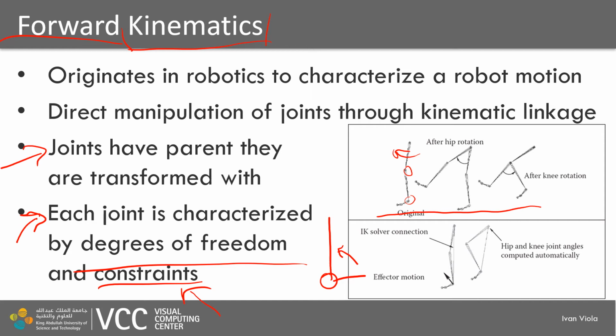There is a constraint in the knee joint. So our joints will be defined by the degrees of freedom, defining what type of joint it is, with additional constraints on the range of these degrees of freedom.